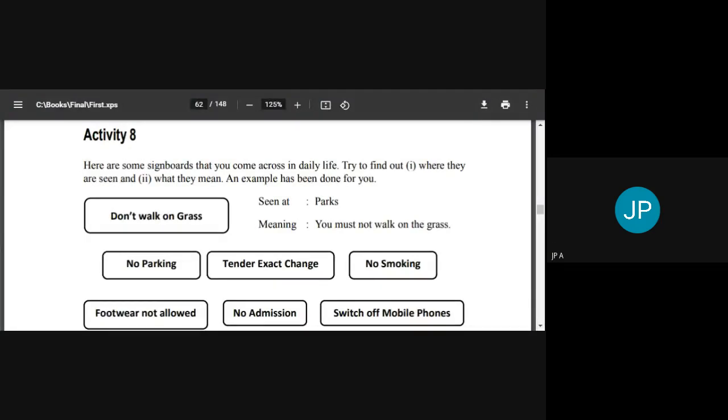Okay. So next one, no parking. So you have to mention where is it seen. Seen at.